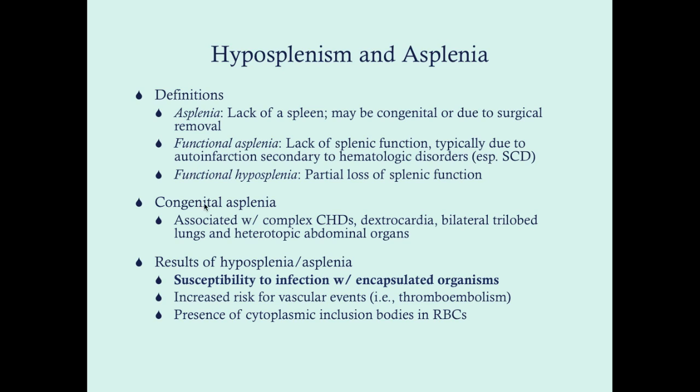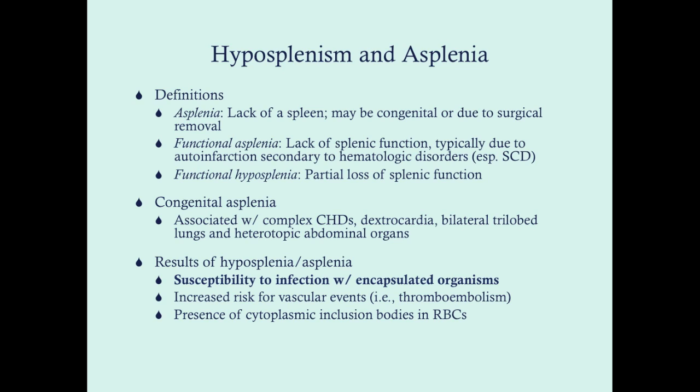Congenital asplenia. So all this means is you're born without a spleen. This is associated with complex congenital heart defects. Complex basically meaning congenital heart defects that don't fit those typical congenital heart defects like Ebstein's anomaly and tetralogy. There's other congenital heart defects.